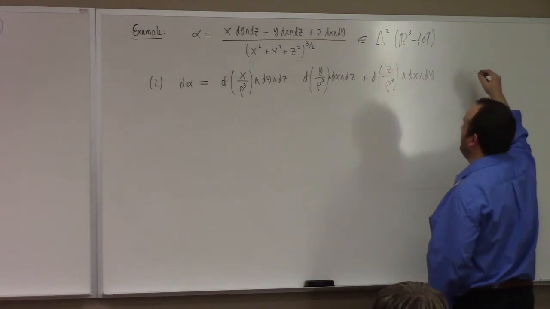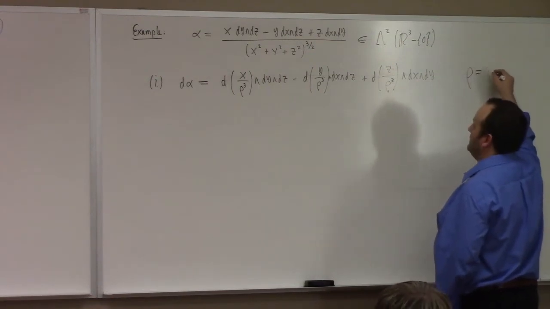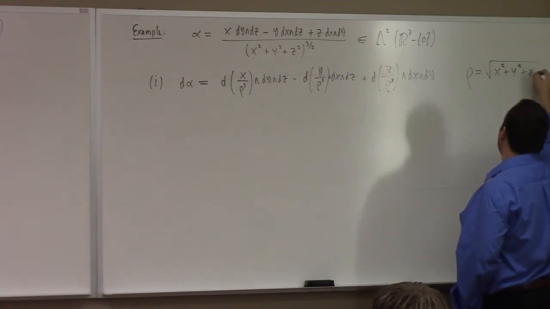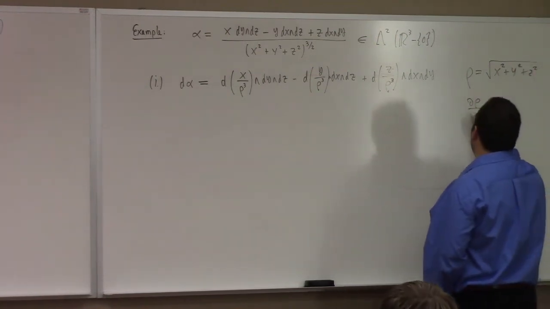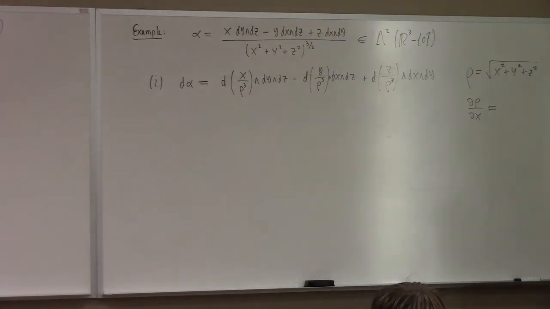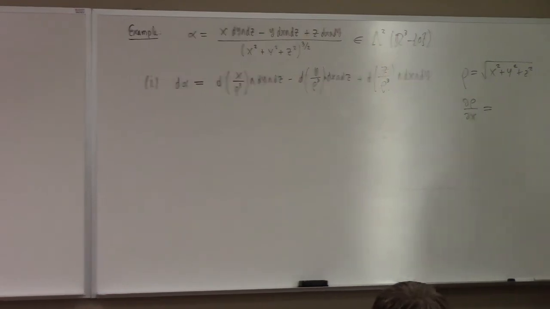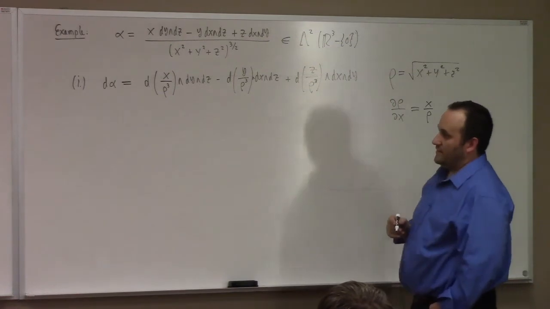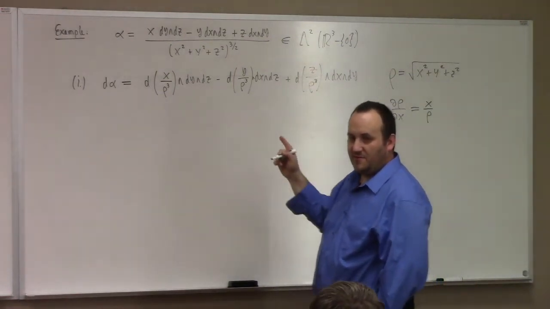So rho is the square root of x squared plus y squared plus z squared, right? So what's partial rho partial x? It is in fact x over rho. Very good. So what does that make partial x over rho cubed equal to?